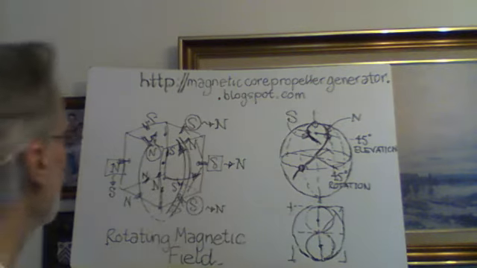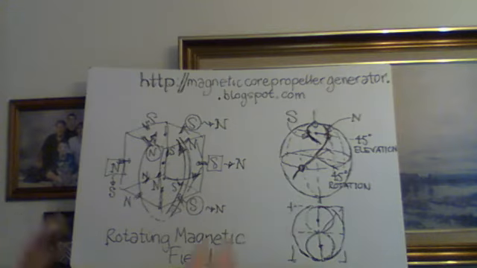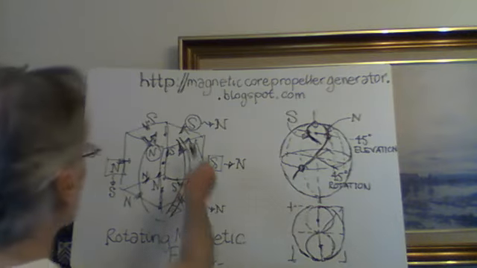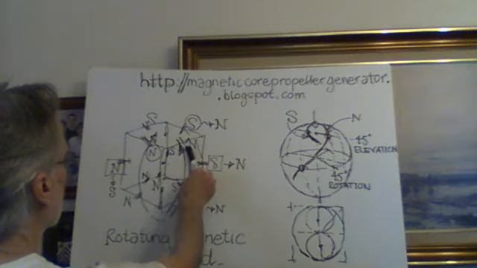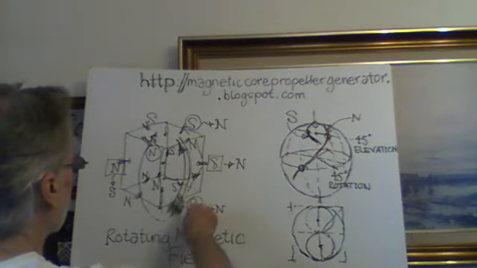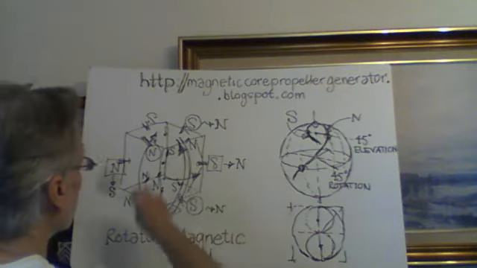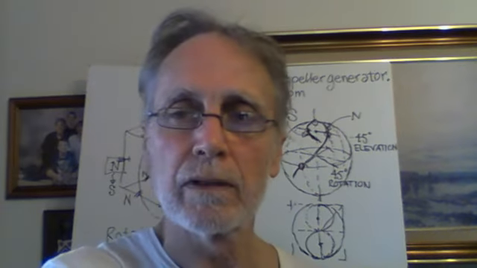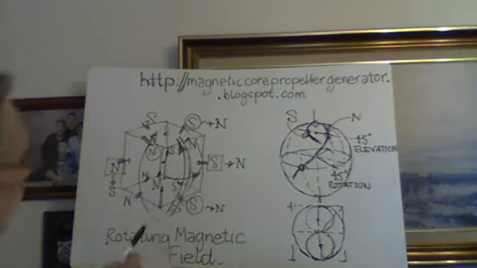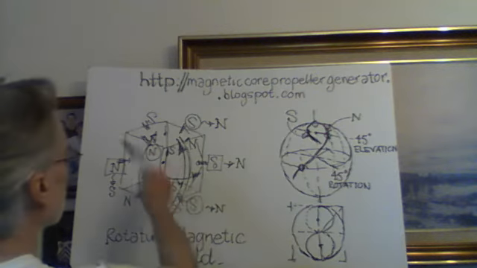Now, what this means is that because you've got one component of the winding passing through a north field and another component passing through a south field in the opposite direction, there will be an inductive effect.